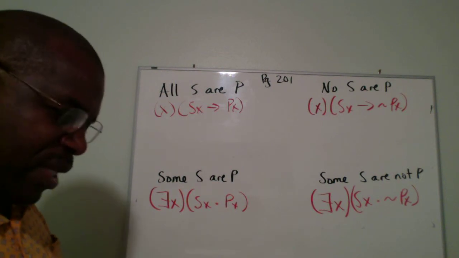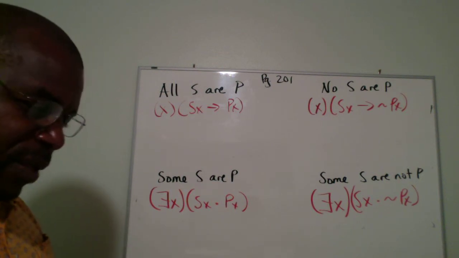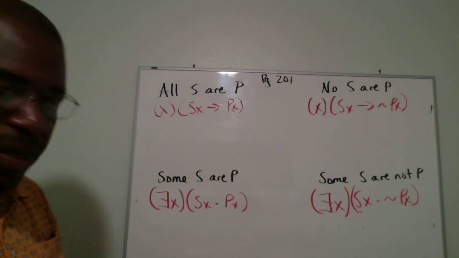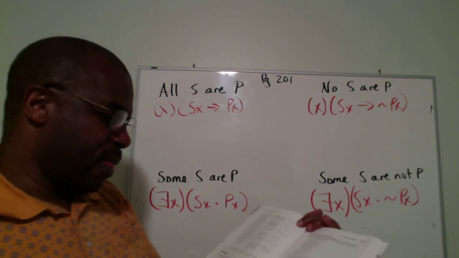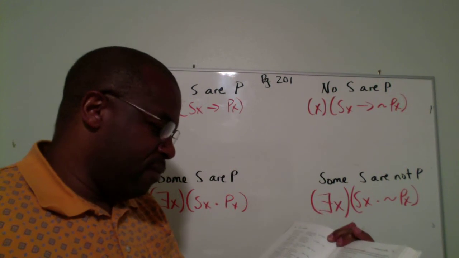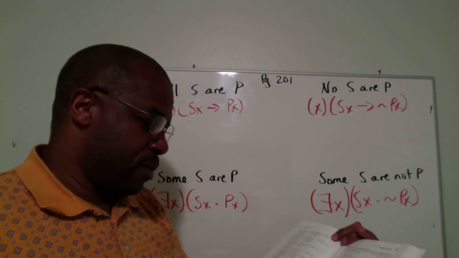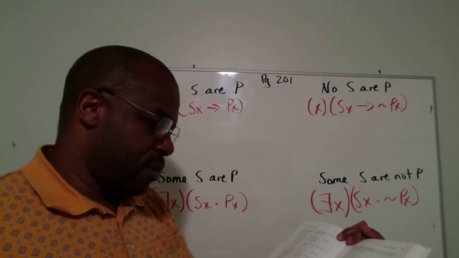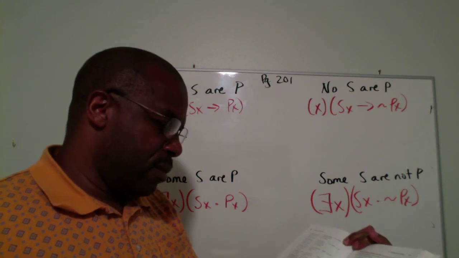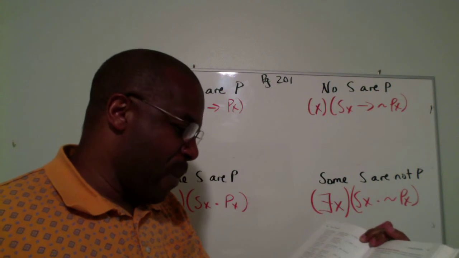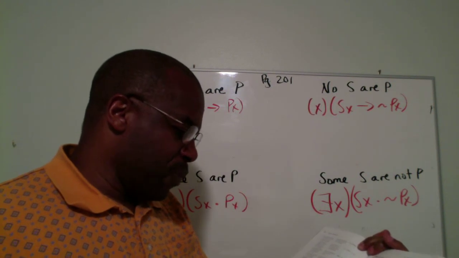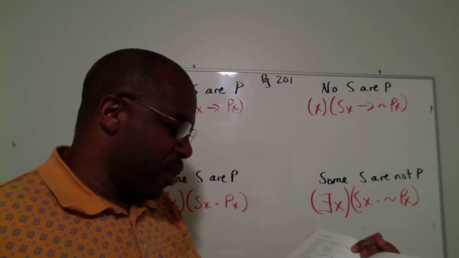Look at the next one. Peter Abelard is a logician, but Jacob Böhme is not. Now those are particular statements. So Peter Abelard is a logician will be LA, dot, tilde LB. That's what it'll be. Not every marsupial is a kangaroo.